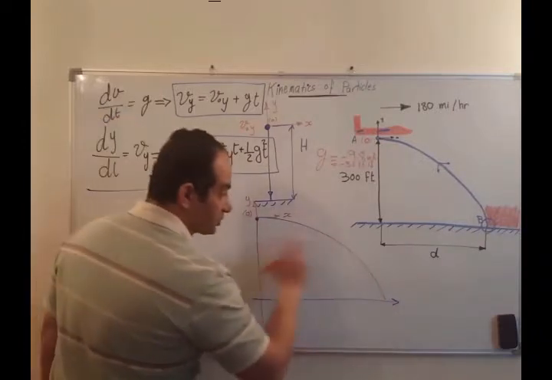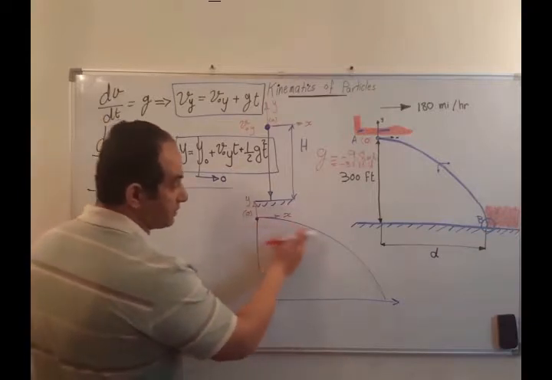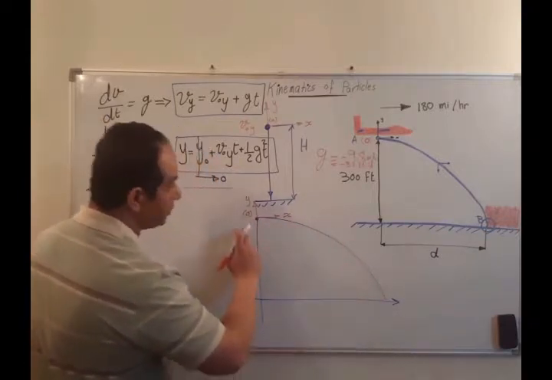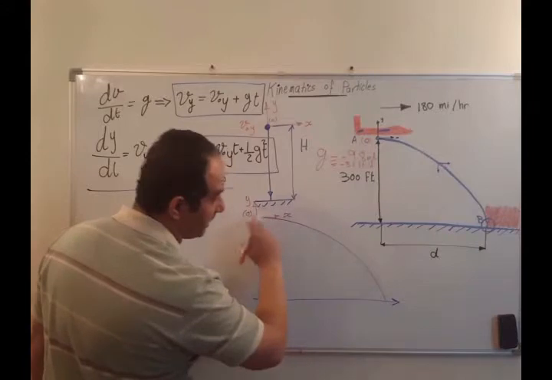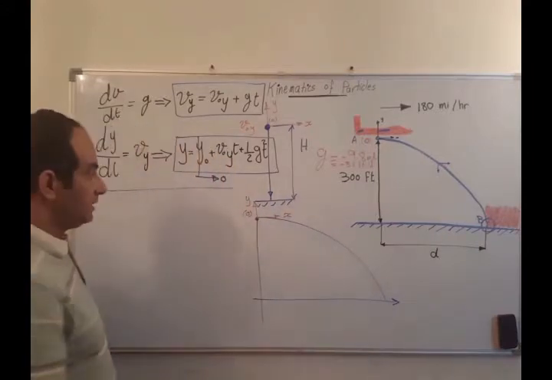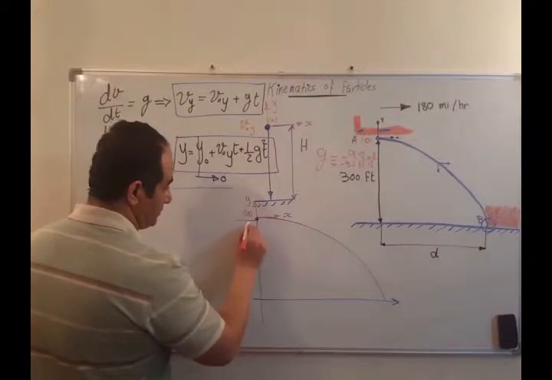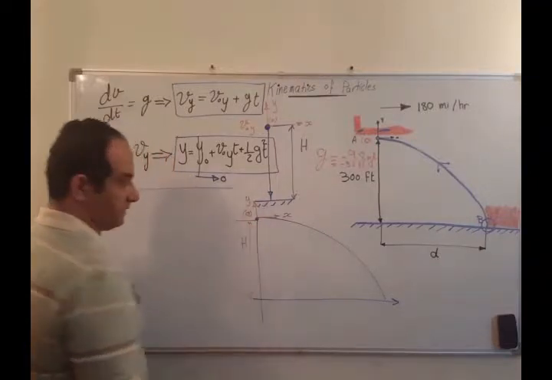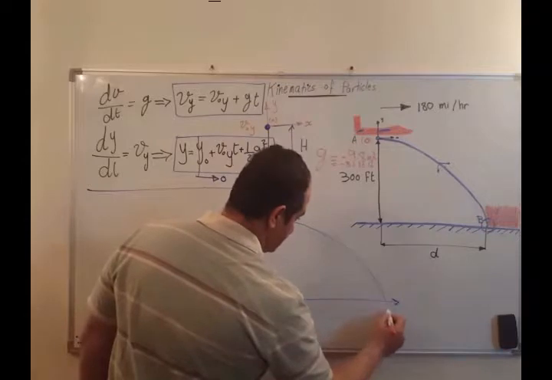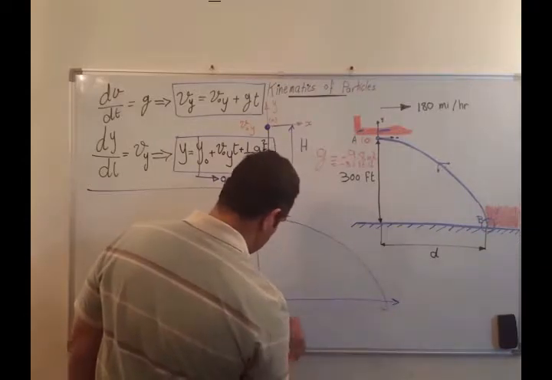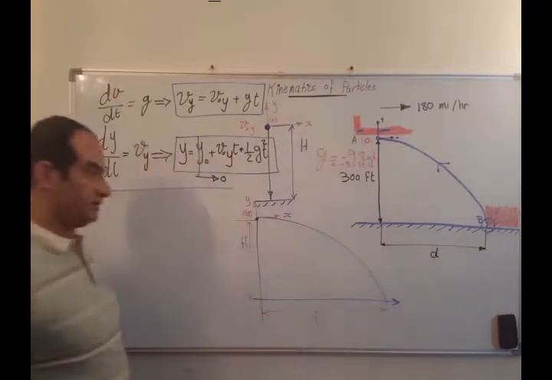Now we have a projectile that is performing a general plane motion, or this path. Anyway, we have a vertical displacement, we have a horizontal displacement.